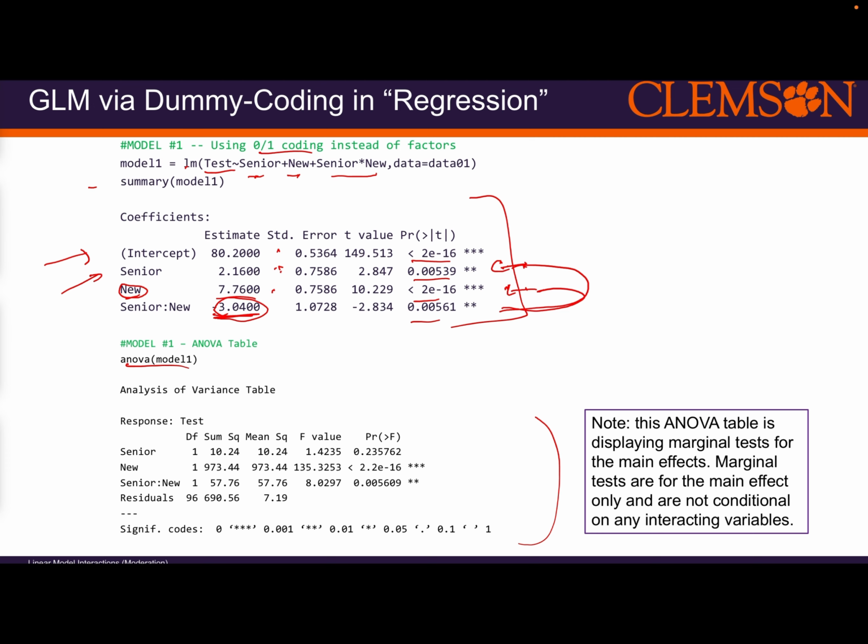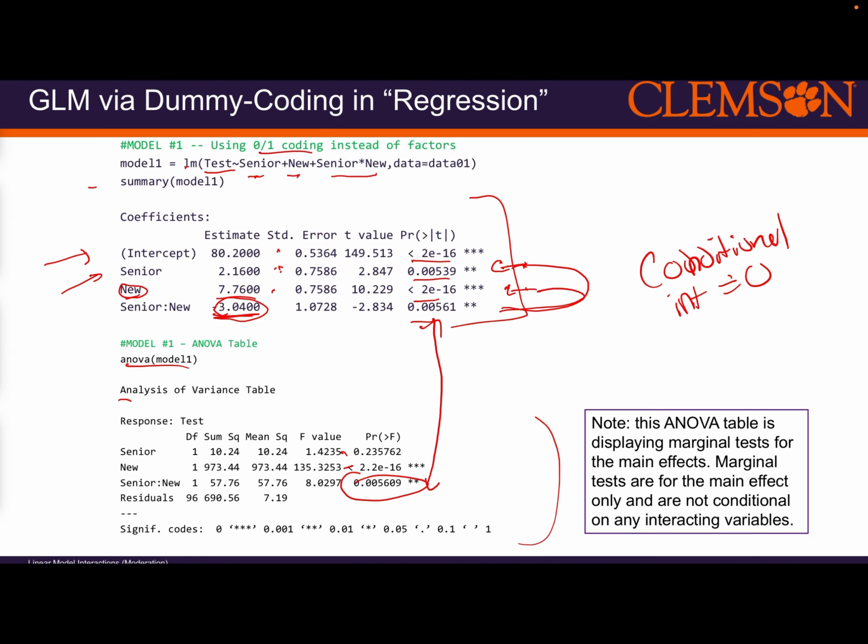When you get to the analysis of variance, the p-values in the coefficient table are conditional on the interacting variable being 0. But the p-values down here are not the same, although the interaction's is.